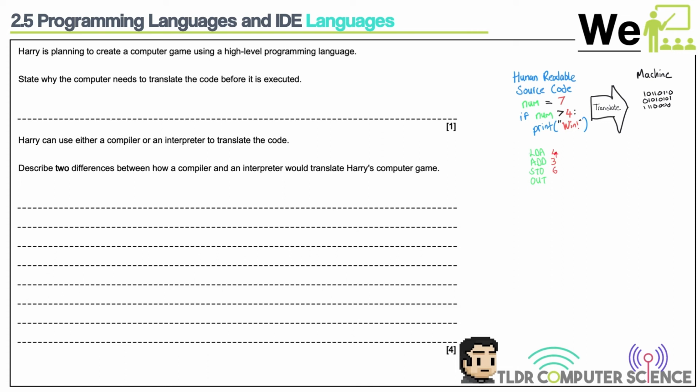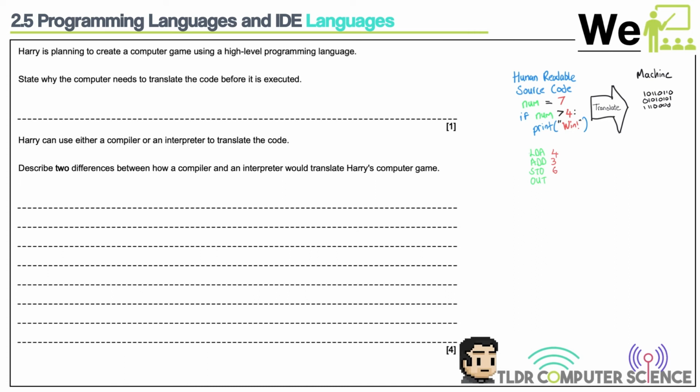Those will be sent to the arithmetic logic unit, the value stored in the accumulator, then you store that in value 6 and output it. You see here one line turns into one line of machine code, and this assembly language is still not ready to run, even though it's a low-level language, because it needs to be translated into machine code. But this time you use what's called an assembler to turn it into machine code.